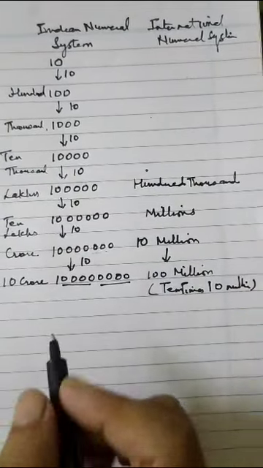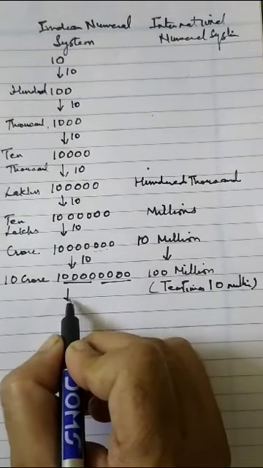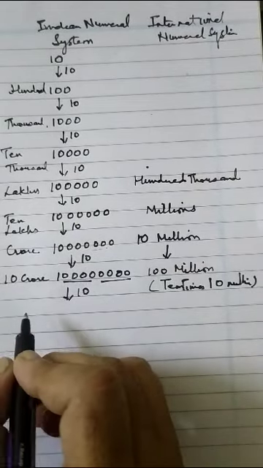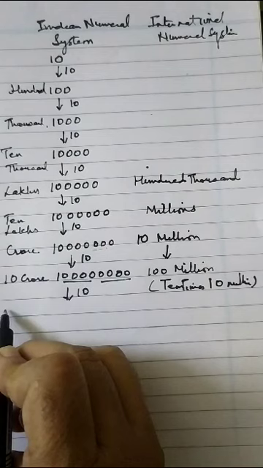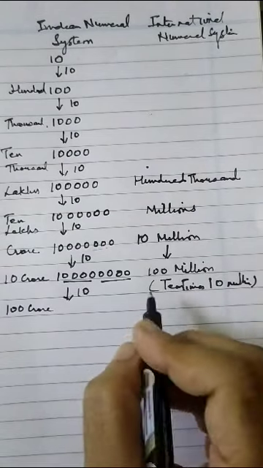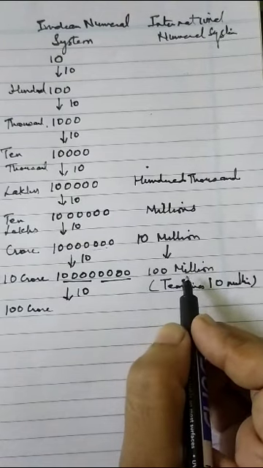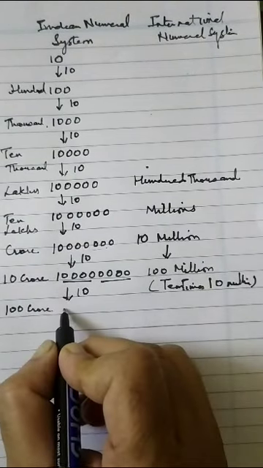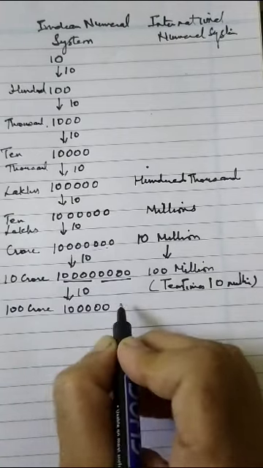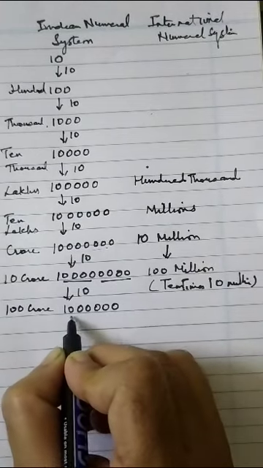If I multiply this 10 crore with 10, I would get 100 crore. And in the international numeral system, we will have 9 zeros here.